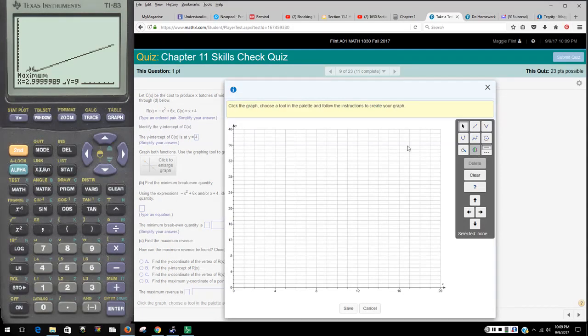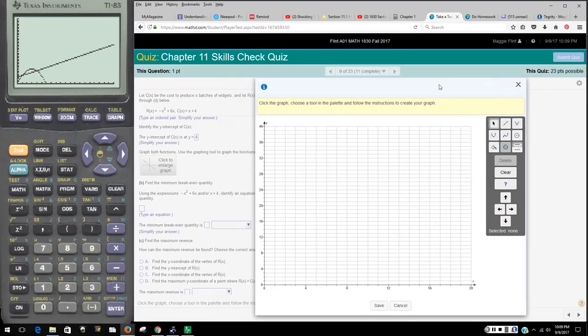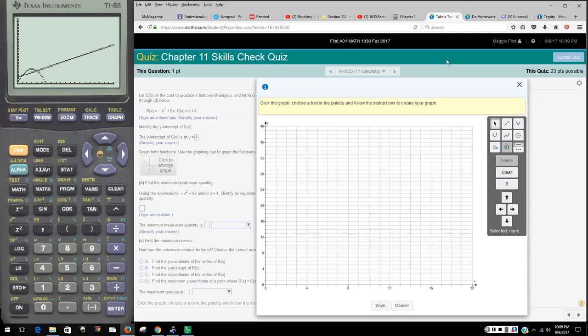Okay, we know that we have the parabola. And the parabola goes from 0, 0 to the maximum value, which was the vertex for us. And that vertex, let's see if I can move this far enough away so we can see the vertex. Not. Okay, the vertex was at 3, 9. So we're going to do the parabola first.